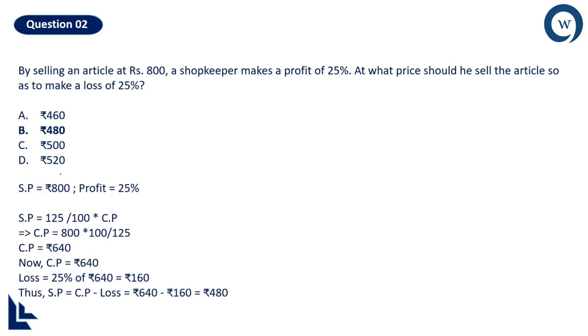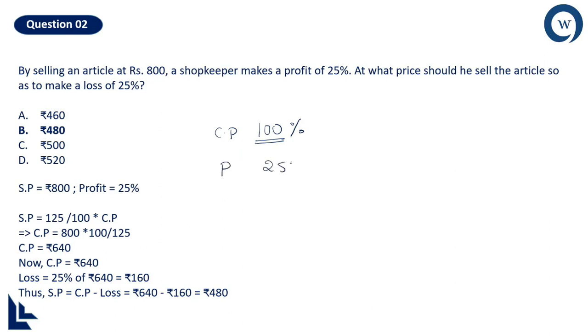Look at here. Selling price is already mentioned as 800 and profit involved in this transaction is 25%. And you know that selling price in this case is 125% of the cost price. Why is that? Because if you consider the total cost price as 100%, profit is 25%, right?